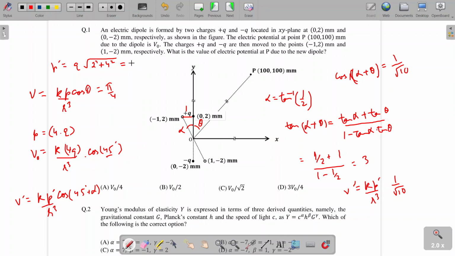So that is square root 2 into q into root 10. So when we put that value here, this value becomes k square root 2 q square root 10 divided by r cube, divided by root 10.